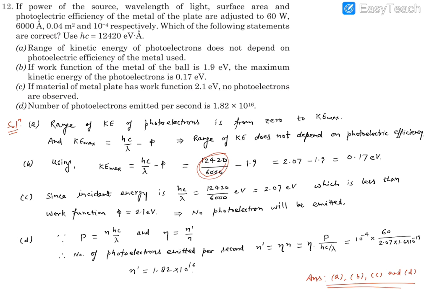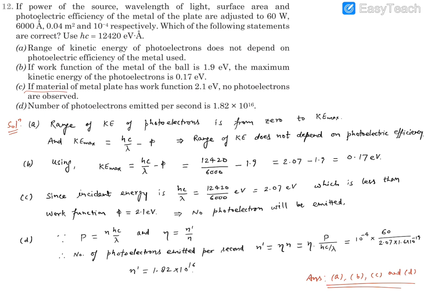So this will come in electron volt, and this work function is given as 1.9 electron volt. So this turns out to be 2.07 minus 1.9, that ultimately comes out to be 0.17 electron volt. You can check these calculations. So the option also says maximum kinetic energy goes to 0.17 electron volt. Yes, hence option B is also correctly written.